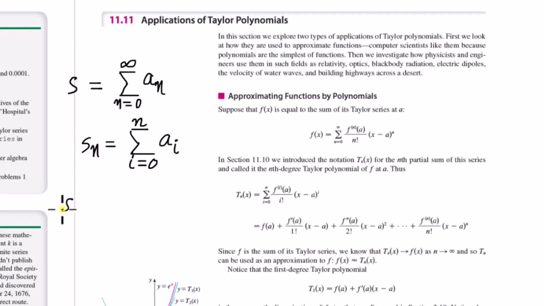So, okay, the Taylor series, let's assume that we've proved that a Taylor series is equal to a certain function.